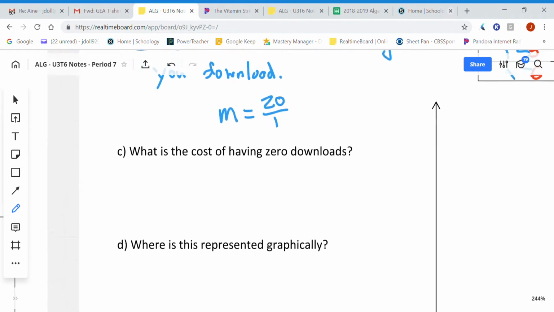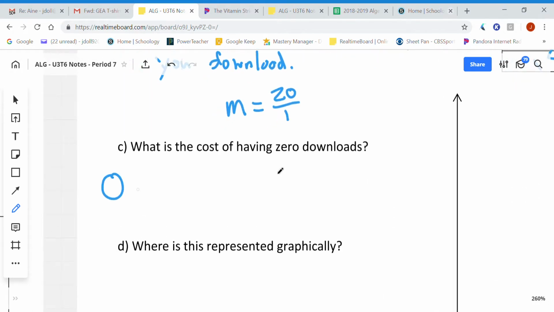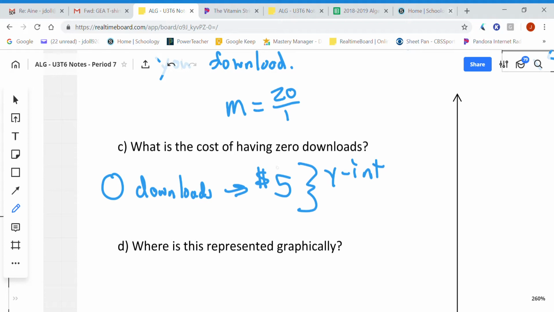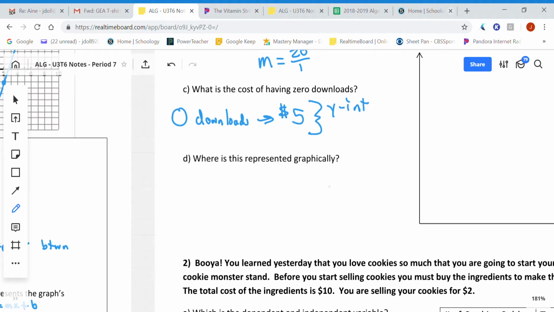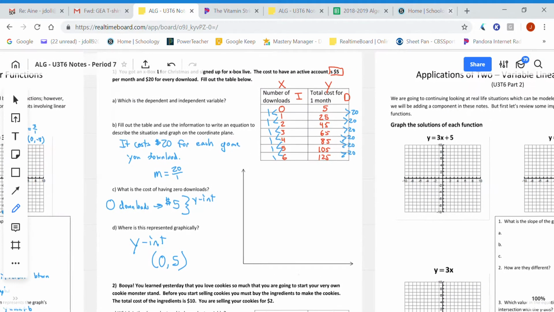Now, if I have 0 downloads, that is going to still cost me $5. This is still represented by the y-intercept. Oops, sorry, I'm answering D down here, right? It's the y-intercept, but it's not 0, 0 anymore. It is now 0, 5, right?